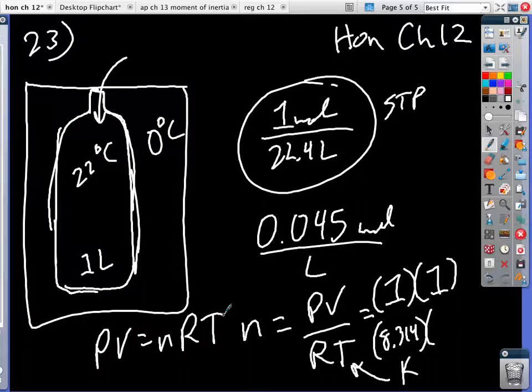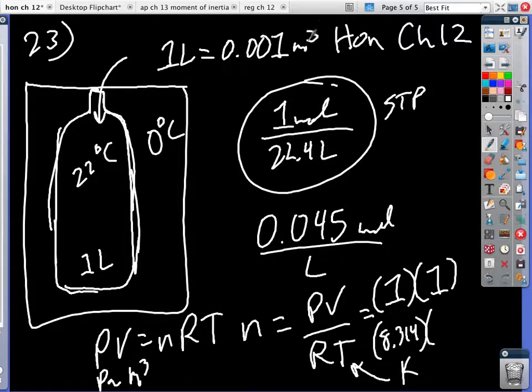Okay, so that's fine. So we just have to make sure we don't use Pascal instead. So this is going to be in cubic meters, because this is going to be pascals, and this is going to be in meters cubed. So 1 liter is 0.001 cubic meters. So it's just a matter of conversions.